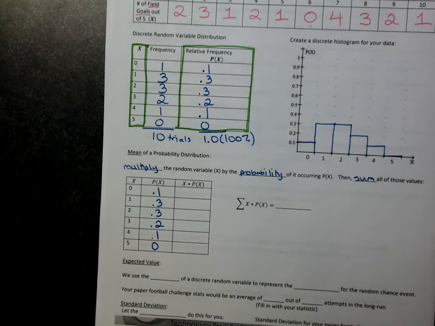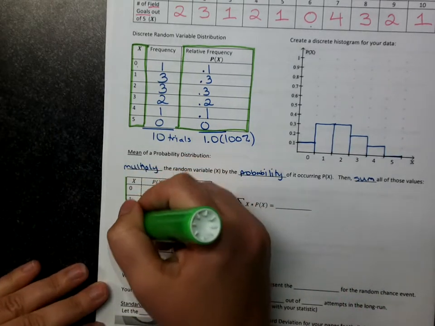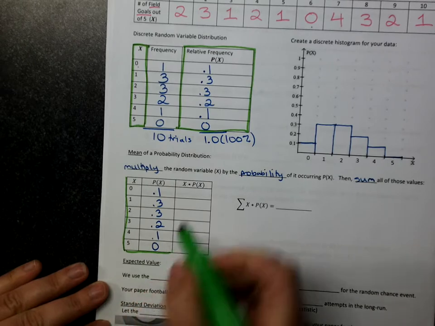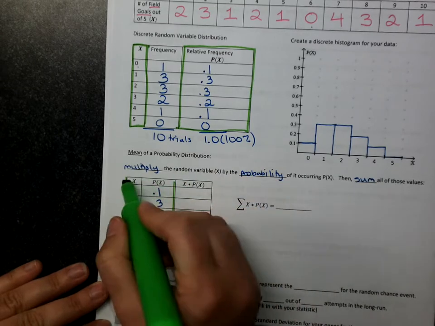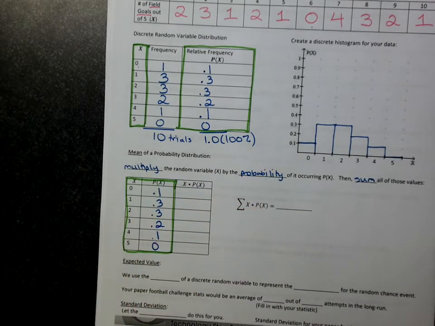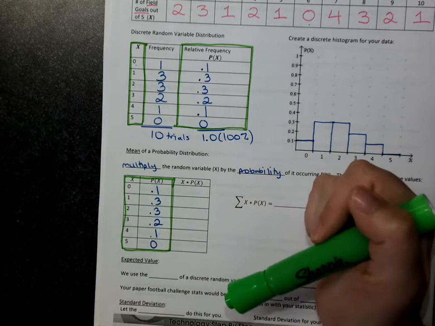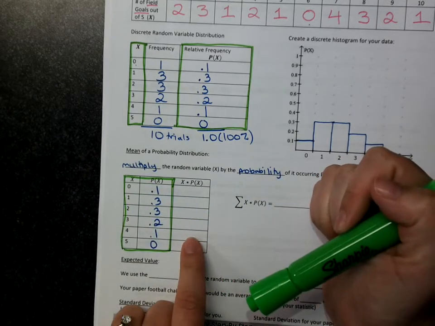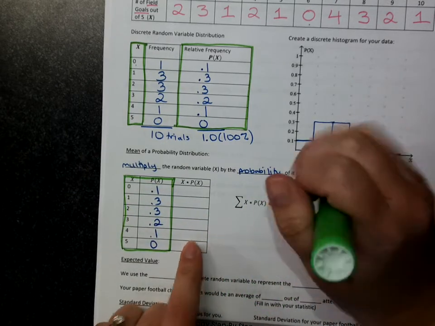On your homework, this is what you're going to be given: the x values and their corresponding probabilities. So you'll just see a little 2-column chart on your homework. I added this third column to help us find the mean, so that's just a working column to help you out.